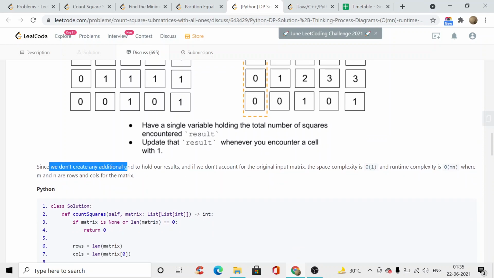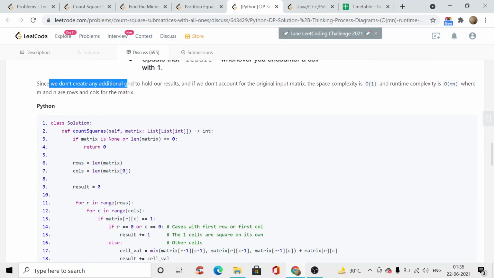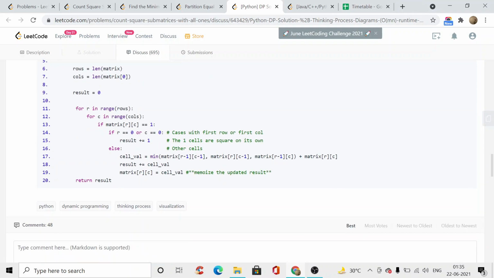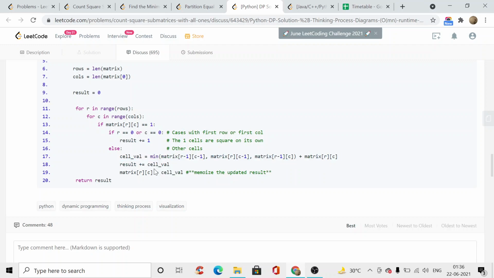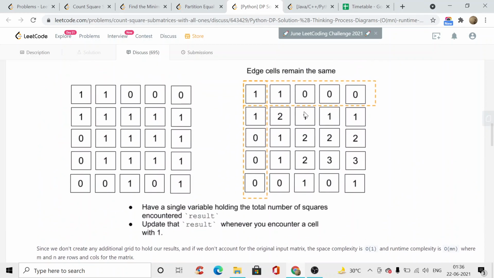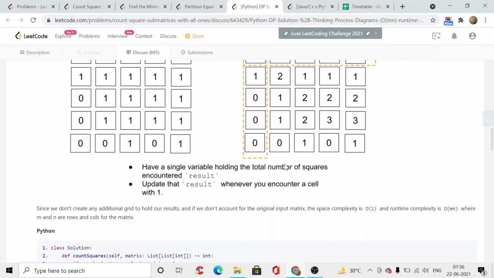Since we don't create an additional grid to hold values, space complexity is O(1) and the runtime complexity is m into n. It's actually the sum of all these things. Yeah.